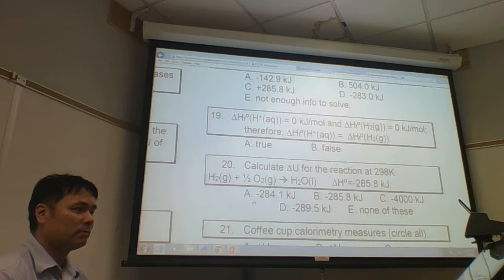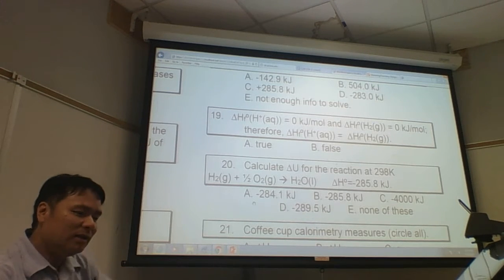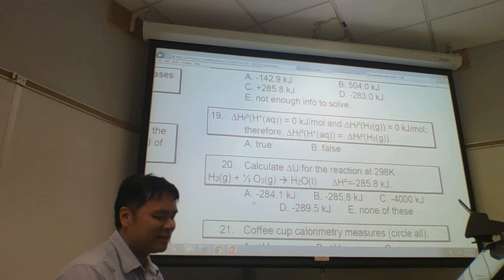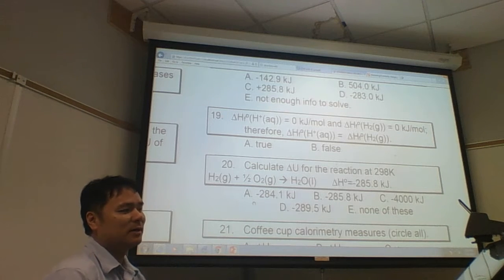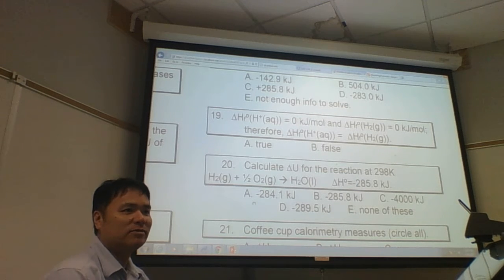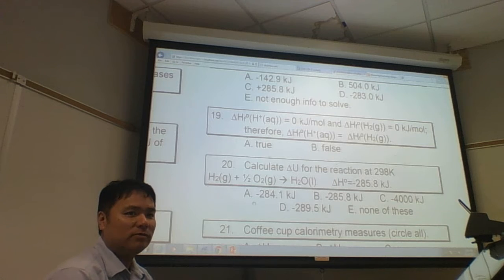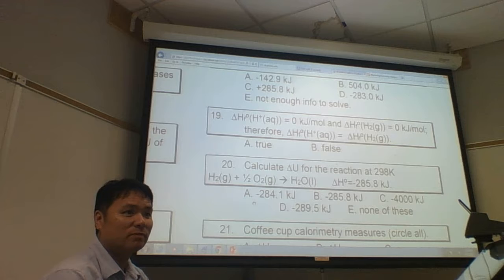Some of these questions I might accept both answers, but this one there's only one correct answer. It should be false. It's got to be false because why? One's aqueous and one's a gas? That's not the reason why.